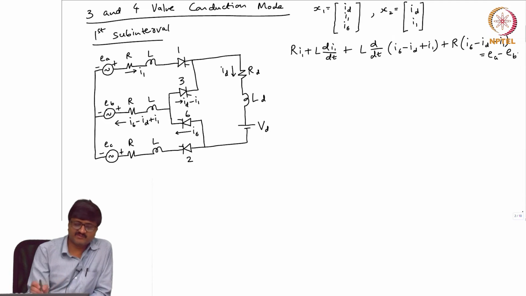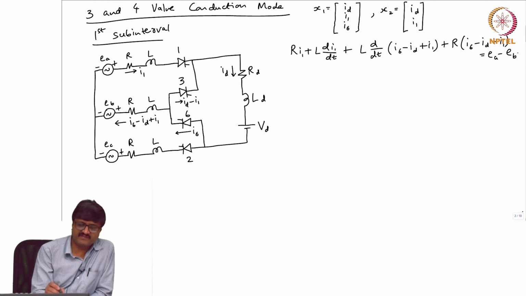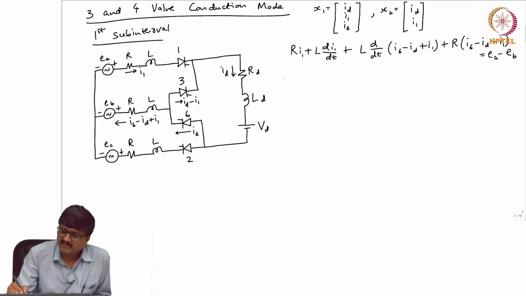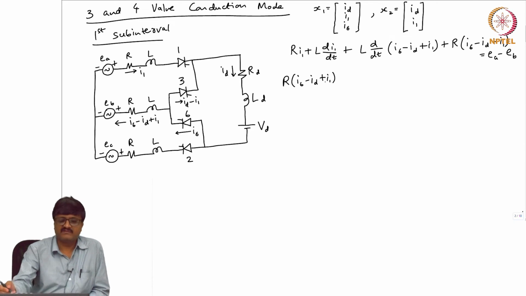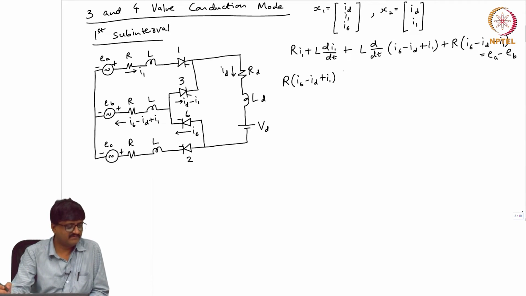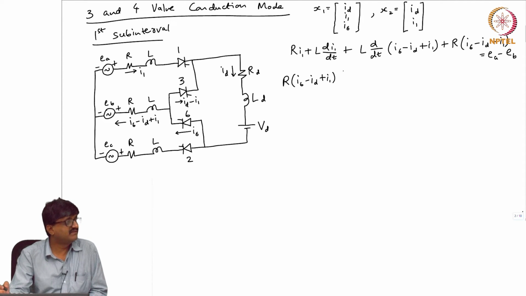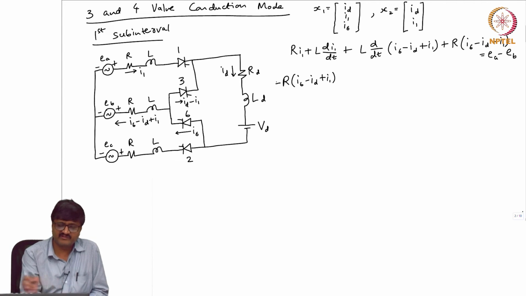Now, if I apply Kirchhoff's voltage law to the loop consisting of EB, EC, RL and the valves 2 and 6, then R into (I6 minus ID plus I1), sorry, ID minus I1, is equal to EC minus EB. I will go in this direction, fine.